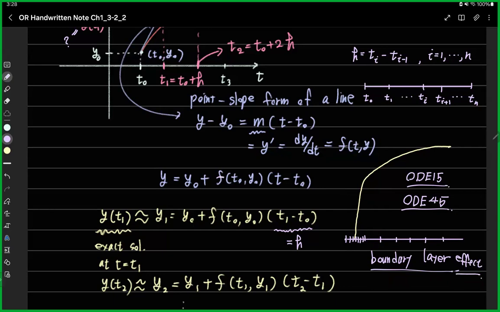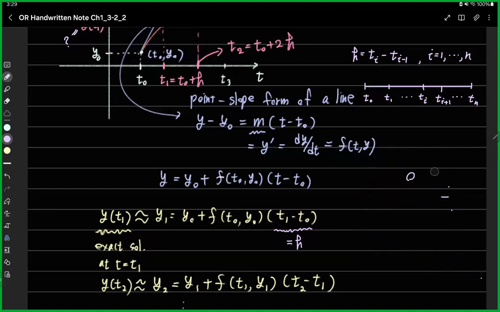At the boundary, the solution sharply increases or decreases. Normally, a regular numerical method cannot capture that kind of behavior. We have to do something. Okay, so that's not the main part right here.